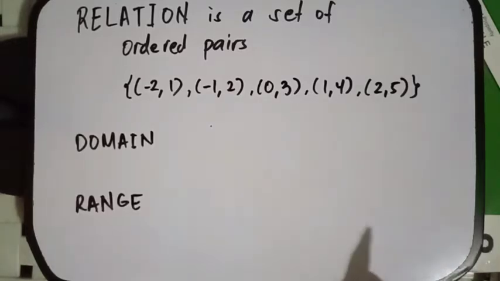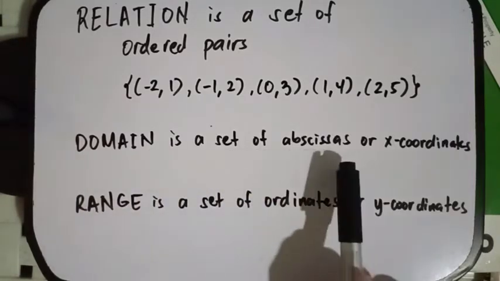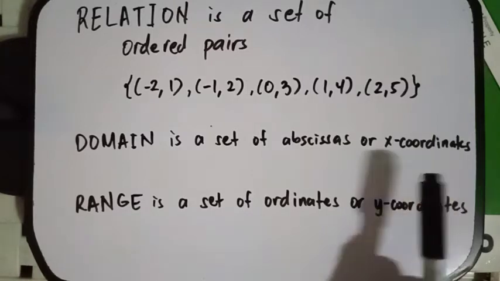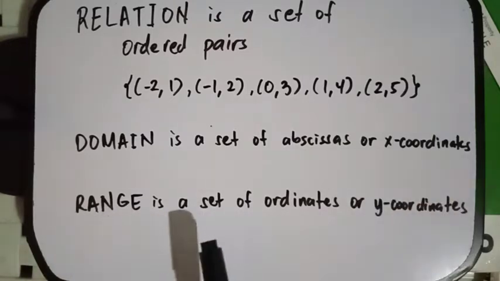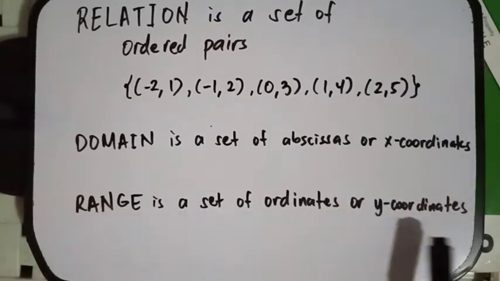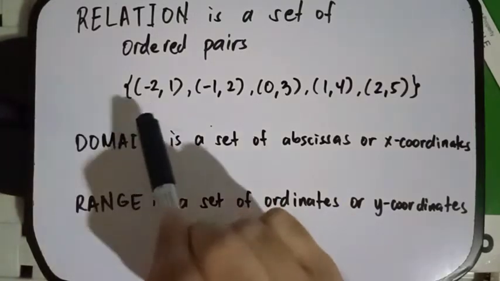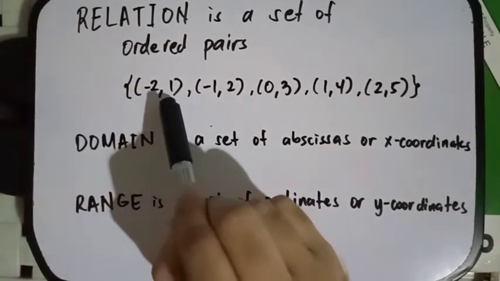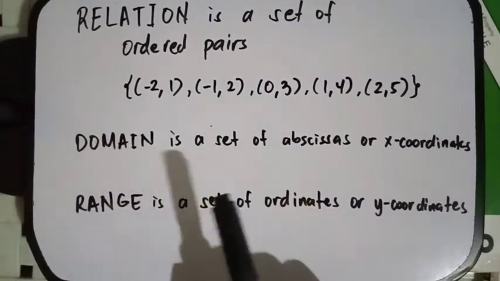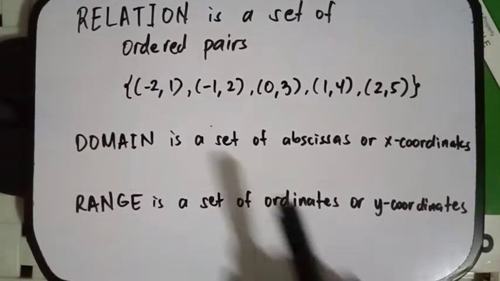Okay? So ano bang ibig sabihin ng domain at saka range? Domain is a set of abscissas or x-coordinates, while range is a set of ordinates or y-coordinates. Okay, i-recall natin yung ordered pair na negative 2, 1. Alin ba yung abscissa at saka alin ba yung ordinate?